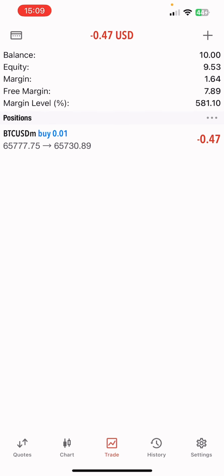So this is the reason why you basically need to use these brokers to trade crypto. The only downside about this, which I don't think is going to be that much of a problem, is the spread. What is the spread? The spread is basically the fee which you pay. You also pay fees in exchanges like Bybit, Binance.